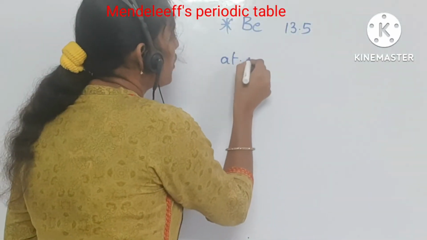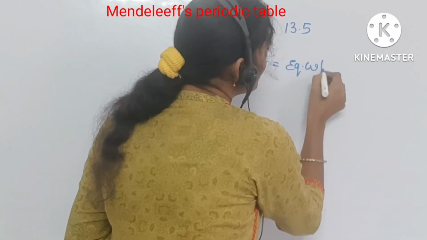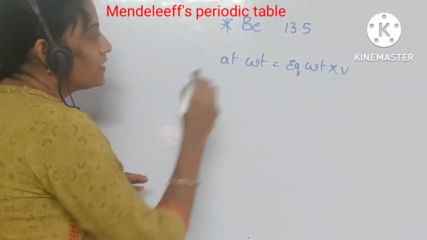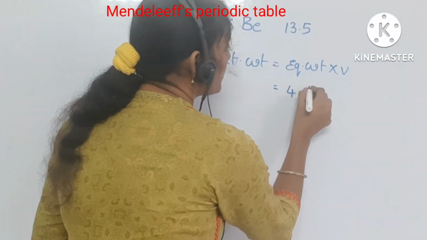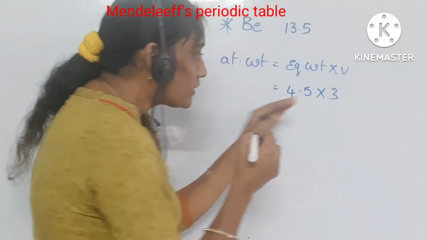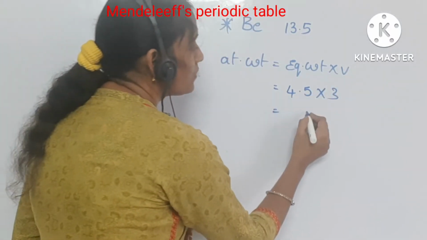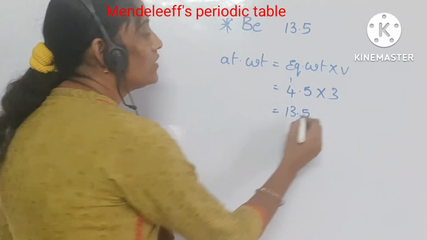Atomic weight is equal to equivalent weight into valency. Scientists thought that its equivalent weight is 4.5 and its valency is 3. Then it becomes 13.5. See, 3 5s are 15, 3 4s are 12, 13.5.